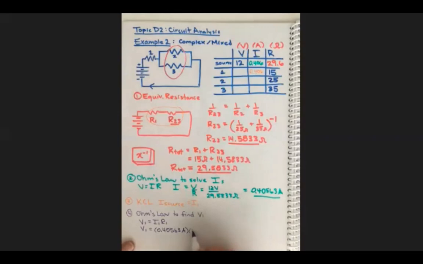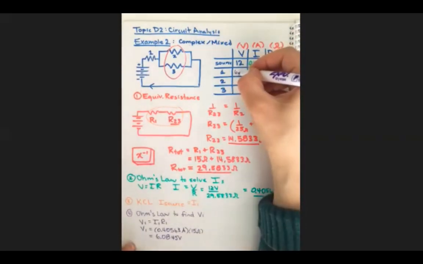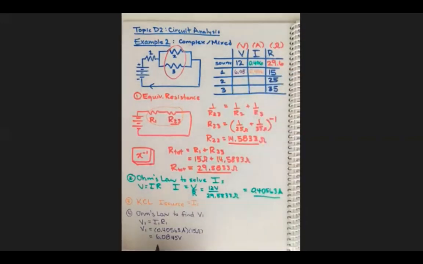Resistance is 15 ohms. So answer button times 15, we should get 6.0845 volts. We sub that in here, 6.08. So that's a full answer, V1.